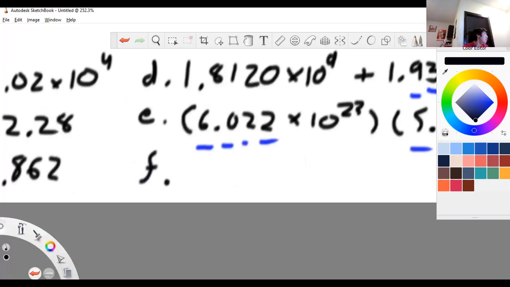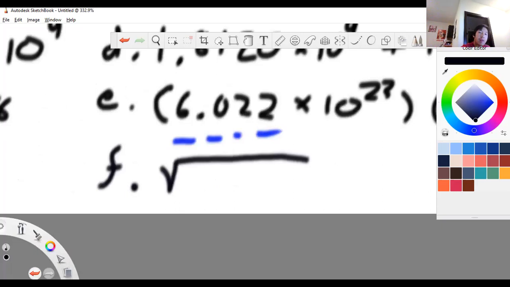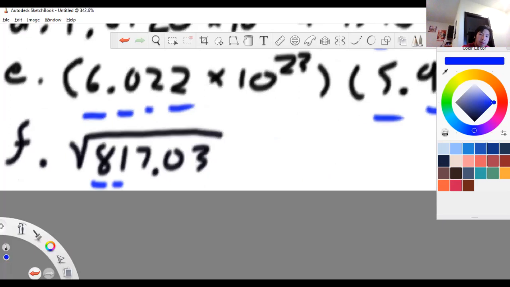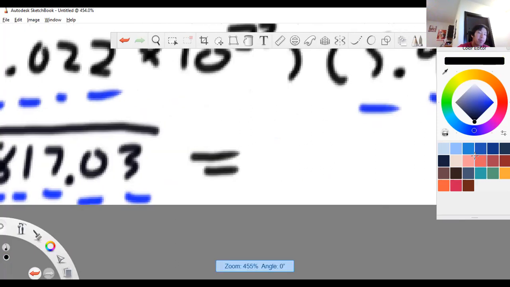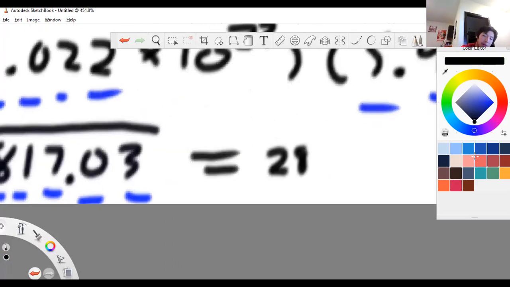F, square root of 1, or 817.035 sig figs. Answer is going to have 5 sig figs. $28.58.